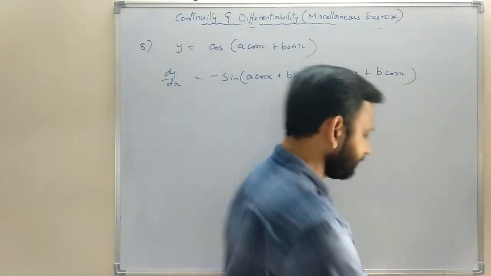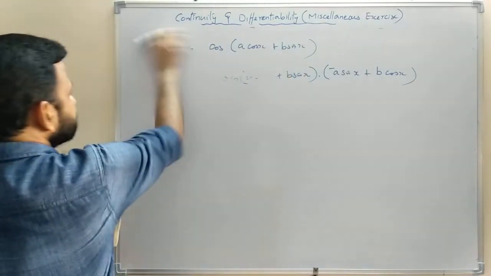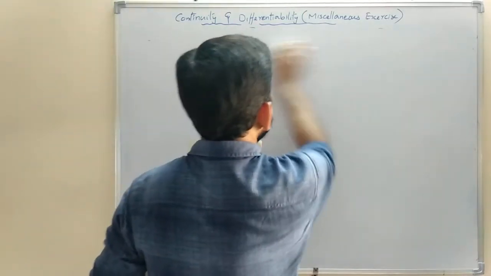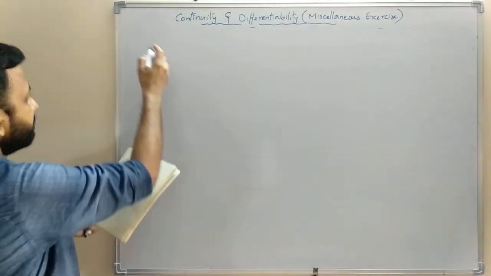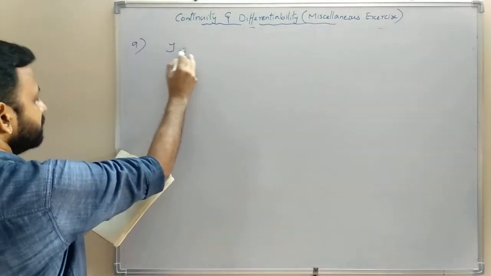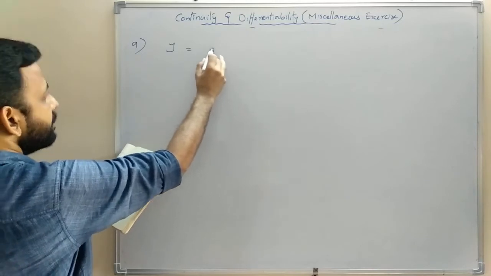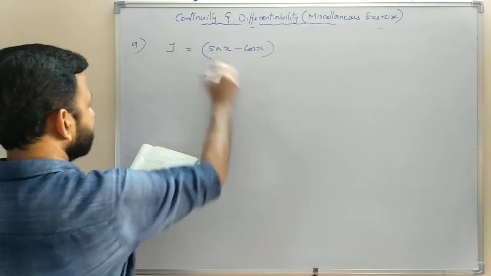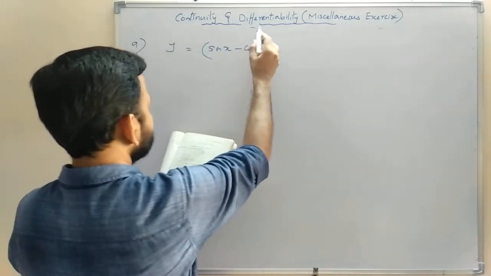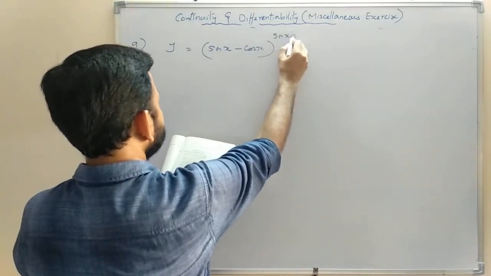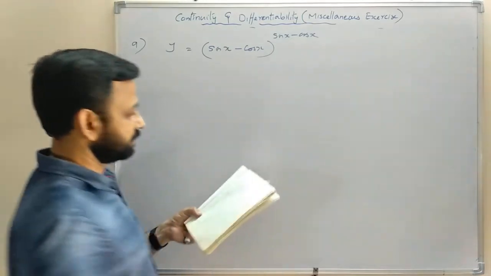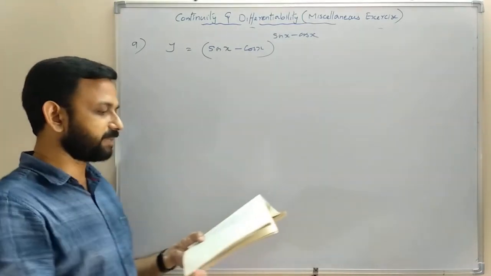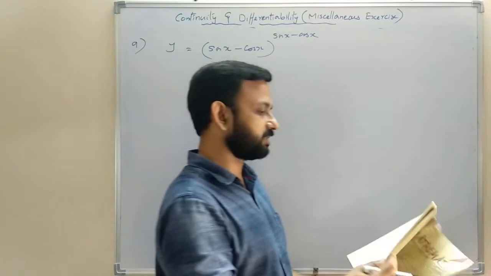Then question number 9. Ninth question. y is equal to sin x minus cos x raised to the power sin x minus cos x.